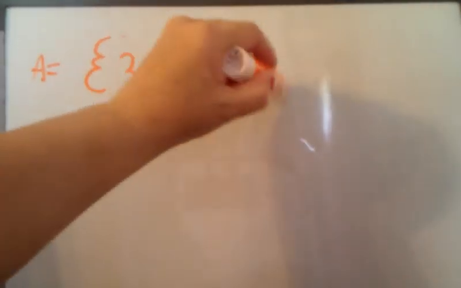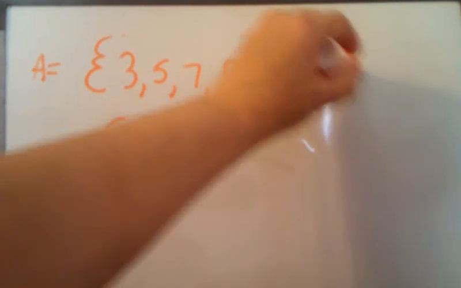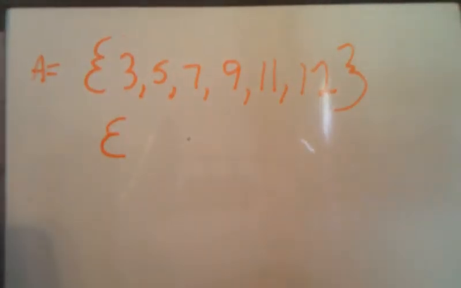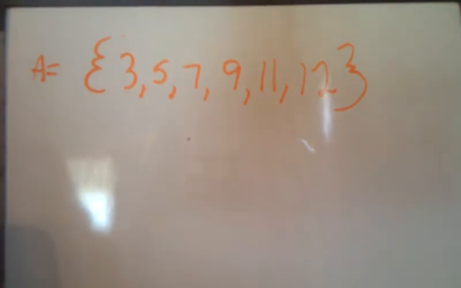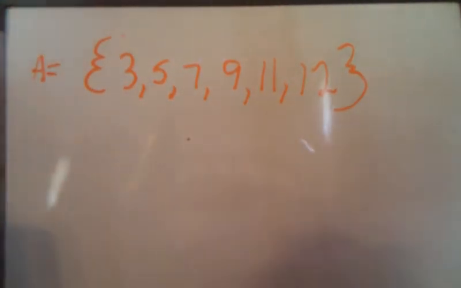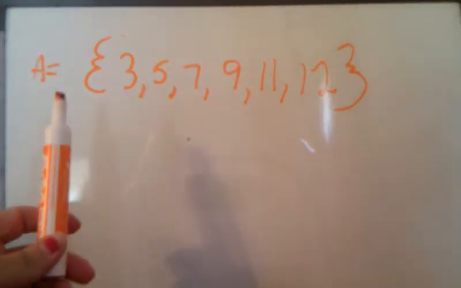I have A equals 3, 5, 7, 9, 11, and 12, and I said that X is an even natural number in set A. So I look at my set, which one's even?